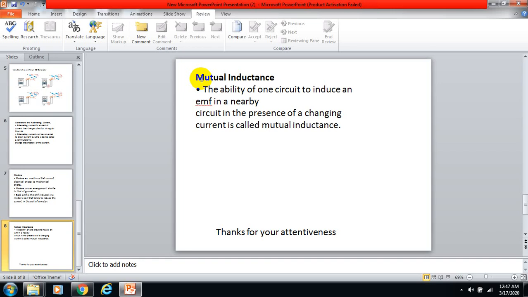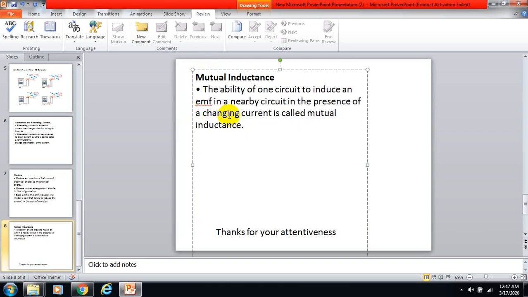Mutual phenomena means a kind of relationship between two. The ability of one circuit to induce an EMF in a nearby circuit, like another one, in the presence of a changing current.